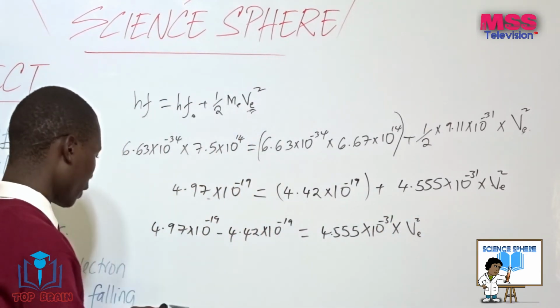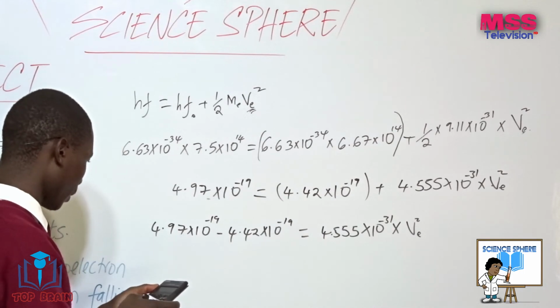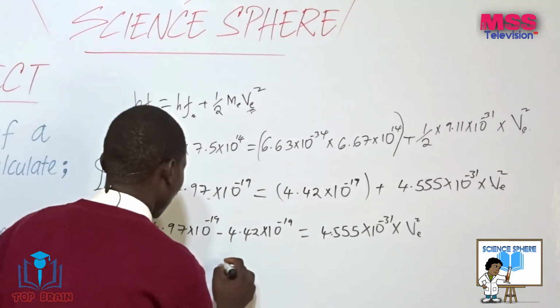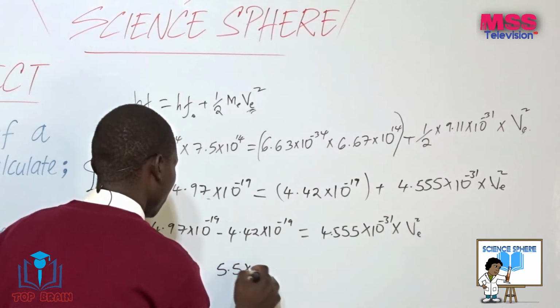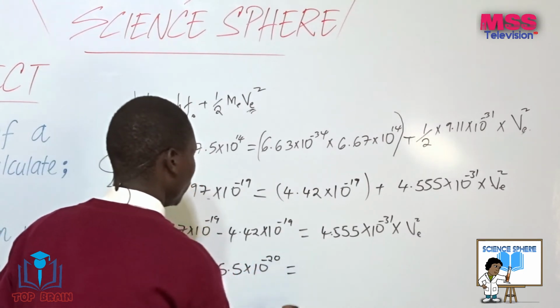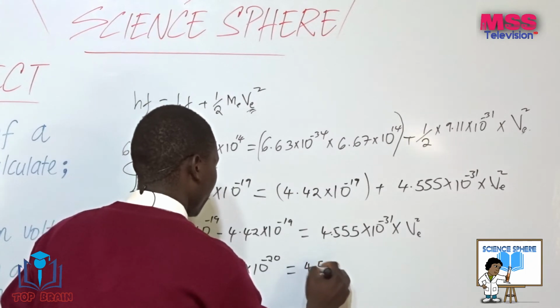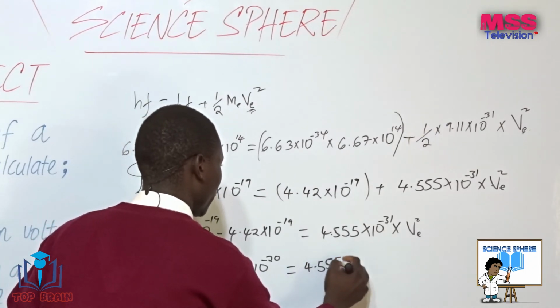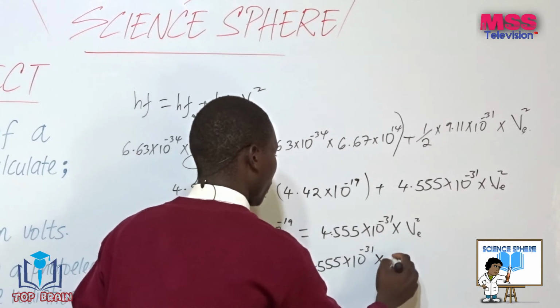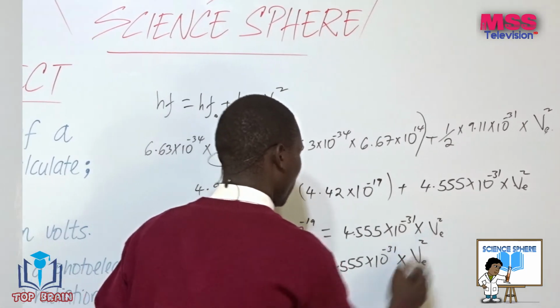Here you are going to get 5.5 times 10 raised to negative 20 is equal to 4.555 times 10 raised to negative 31 multiplied by V e squared.